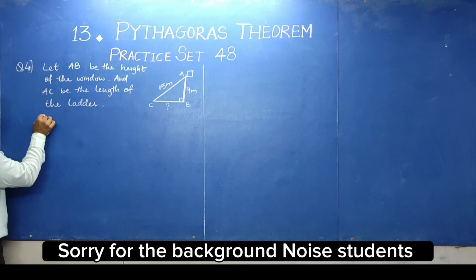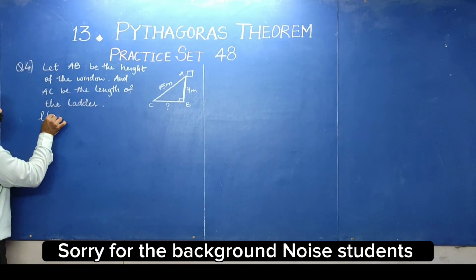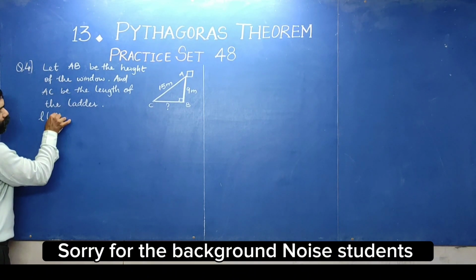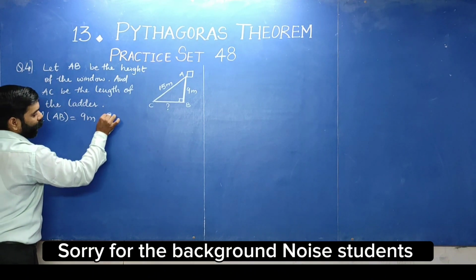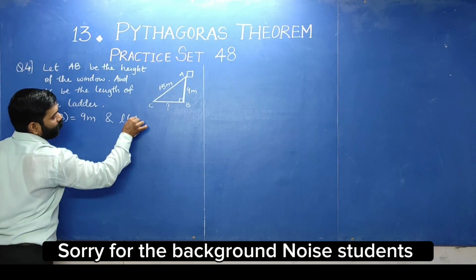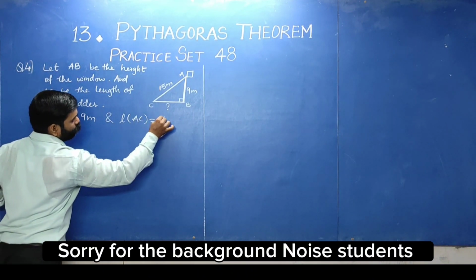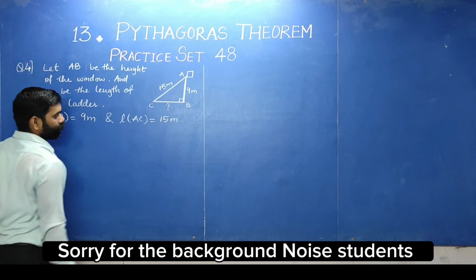So what we have been given, we will write it as AB is equal to 9 meter and length AC is equal to 15 meter.